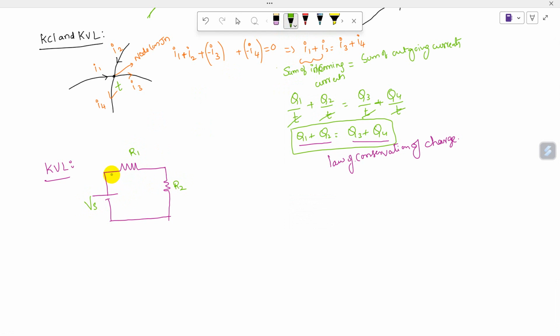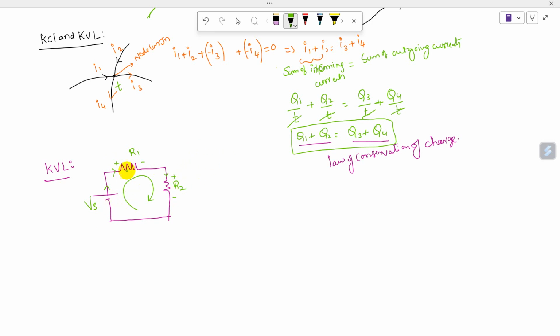According to the passive sign convention, the current entry portion for the passive elements is taken as positive. So here I will get a positive symbol, and here a negative symbol. And we know very well that a source in general gives the current. So from the source the current leaves like this, and my closed loop current will be in this fashion.